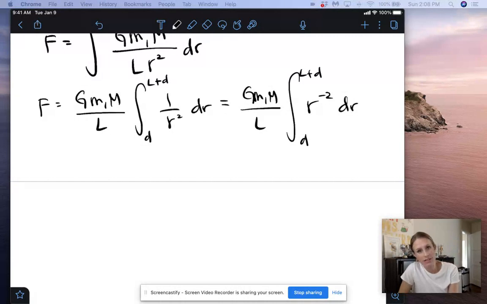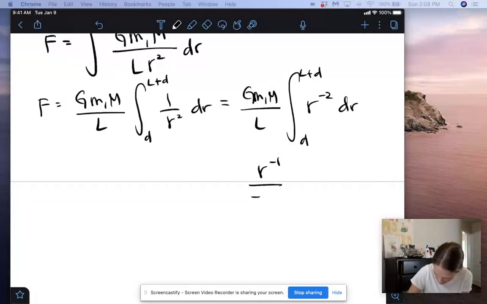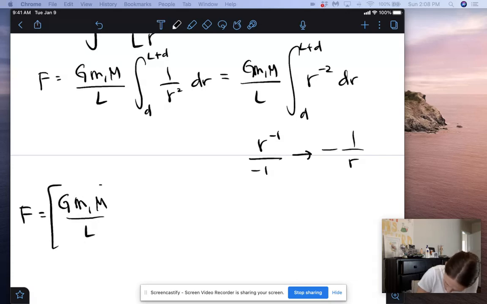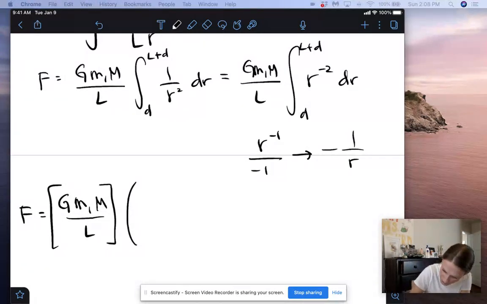So r to the negative 1 power divided by negative 1, which becomes negative 1 over r. So we end up getting force is equal to G times m1 times big M over L, this whole thing, and then we take final minus initial.